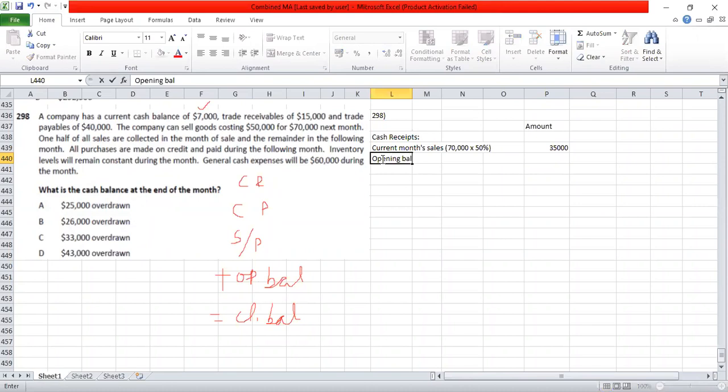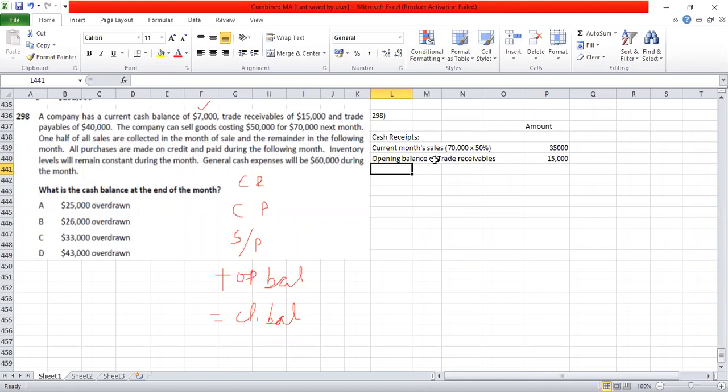Opening balance of trade receivable 15,000. We do not see any other things about receipts. We do not have any other item of receivables. Only these two things are there.